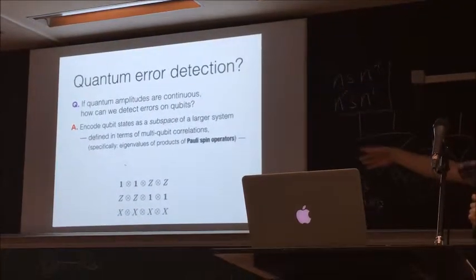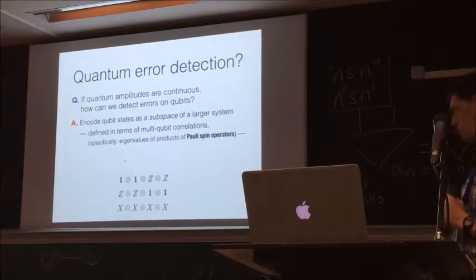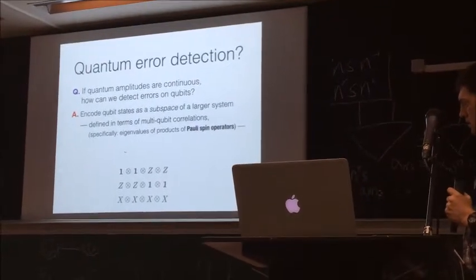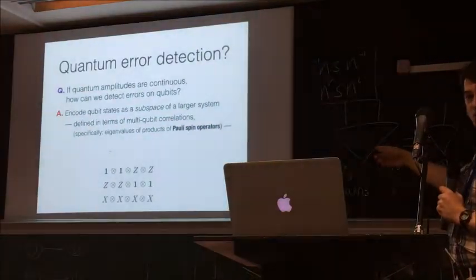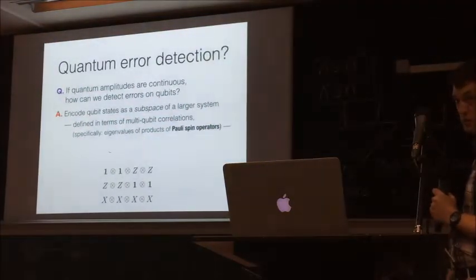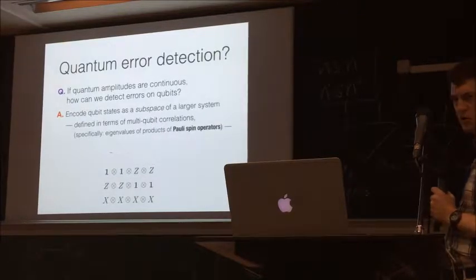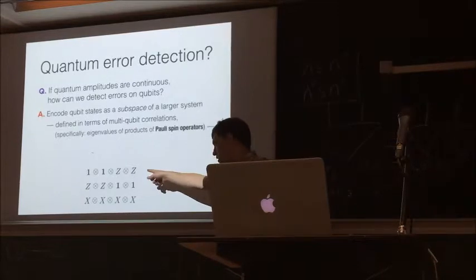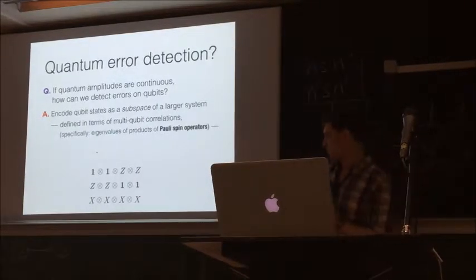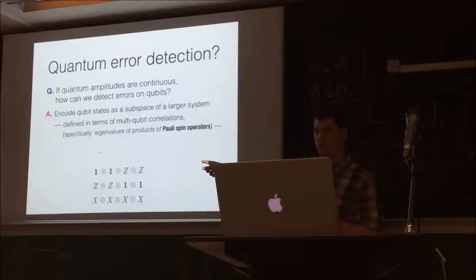Now, I've got these tensor products of these, and I'm suggesting that these are observables. These are, again, going to be Hermitian operators. They're going to be operators that have eigenvalues plus 1 and minus 1, in fact. So they are also things that you can measure, but if you were to talk about measuring this operator, that's not the same as measuring qubit 3 and also measuring qubit 4.